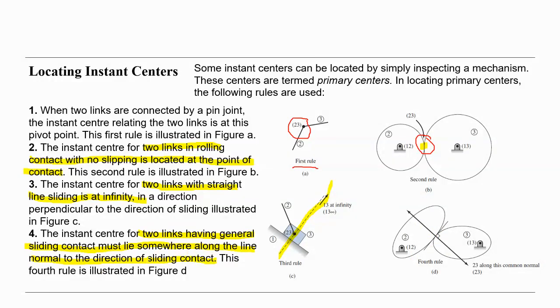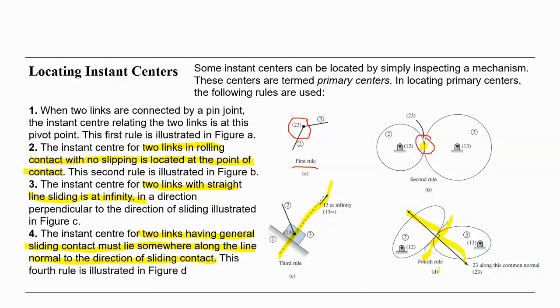This is the contact line, the tangent, and this is the normal. Somewhere on this line, like here you see 3, 2 along this common normal.